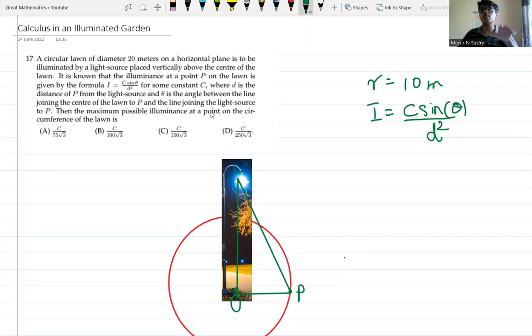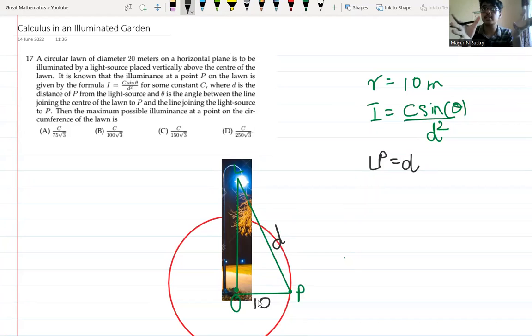So now what else does the problem say? The problem says that d is the distance of P from the light source. So this distance must be d, which is LP. So LP must be d. And OP, remember, is the radius of the circle, so it must be 10.